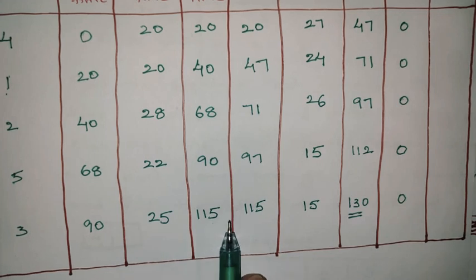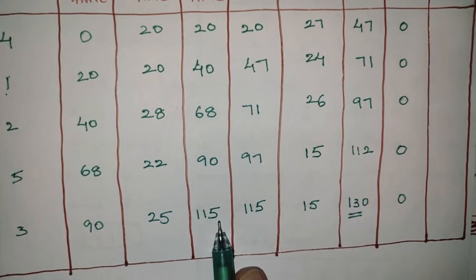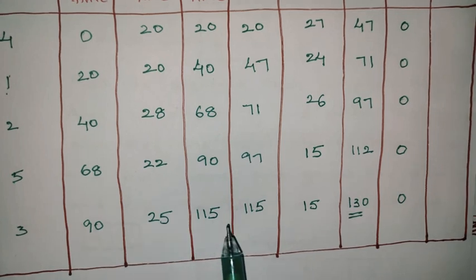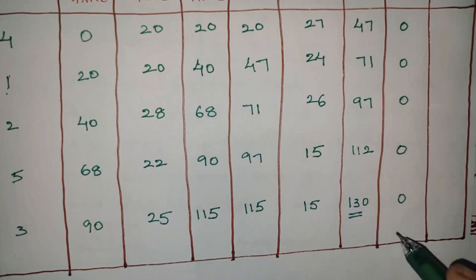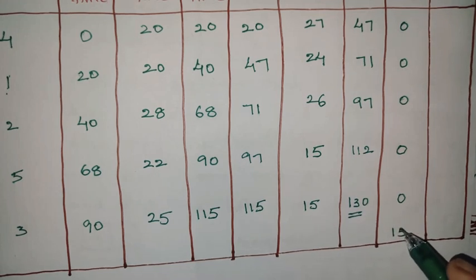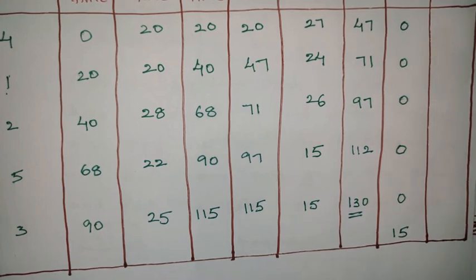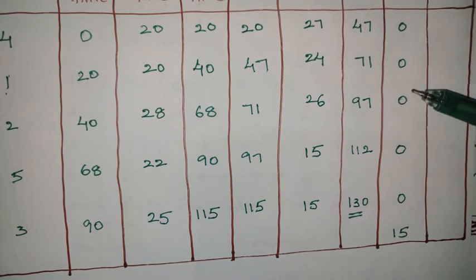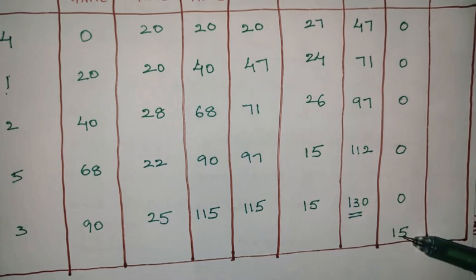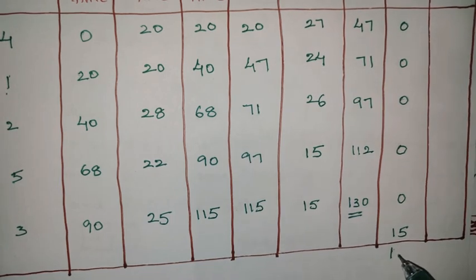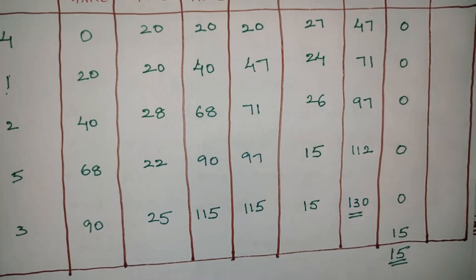So the difference, 130 minus 115, is 15 hours that the repair machine should be in idle condition. That's why the idle time is 15 hours. Now find the total idle time: 0 plus 0 plus 0 plus 0 plus 0 plus 15. Total 15 hours of idle time for the repair machine.